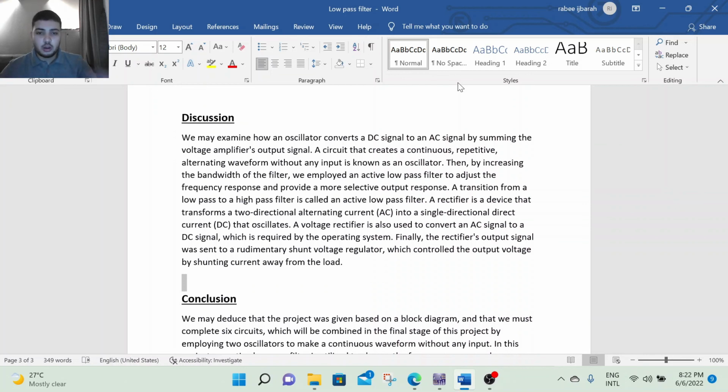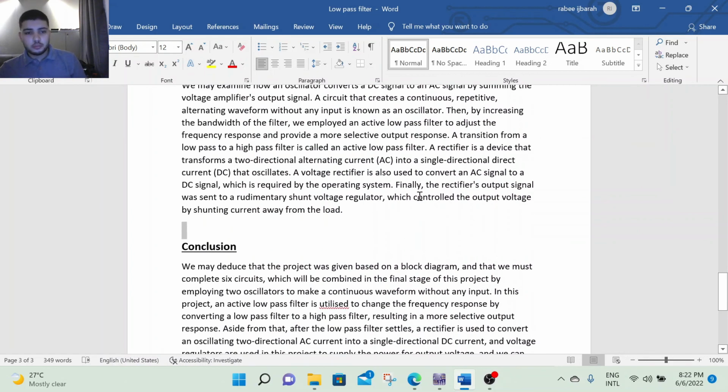Finally, the rectifier output signal was sent to a rudimentary shunt voltage regulator, which controlled the output voltage by shunting current away from the load.